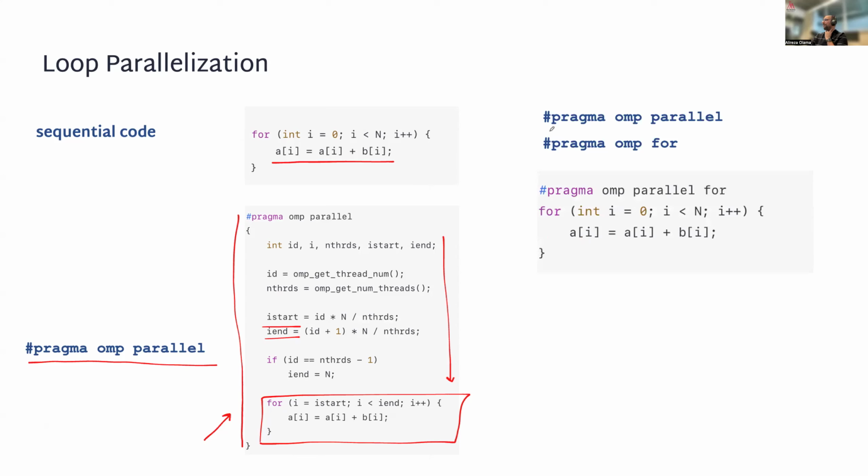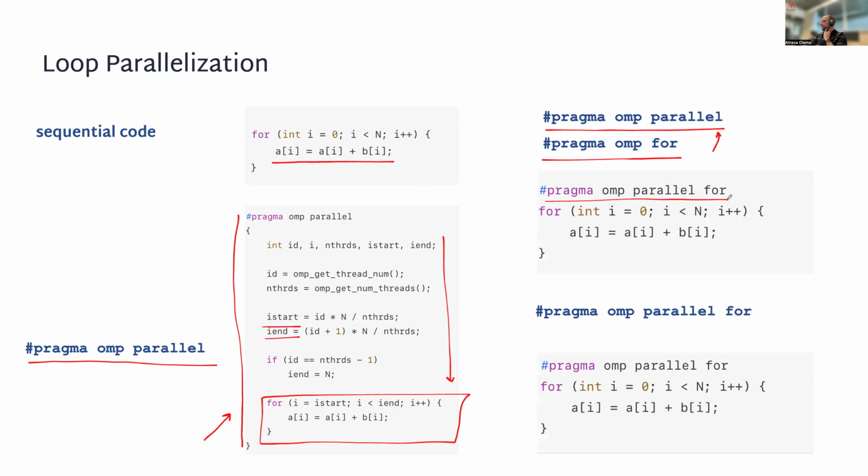But you need to use pragma omp parallel and pragma omp for together. Not necessarily together like that, but pragma omp for should be contained by this pragma omp parallel, right? And this is a shortcut actually, so I don't know why I didn't bring it here.